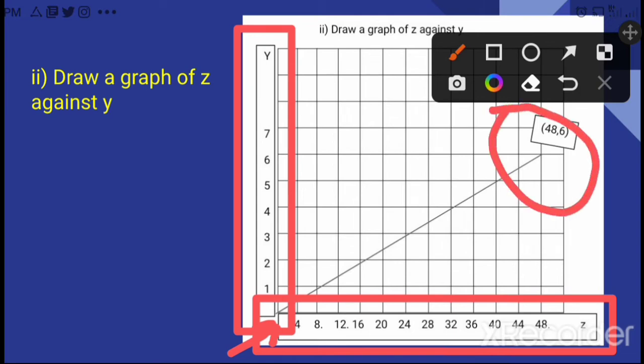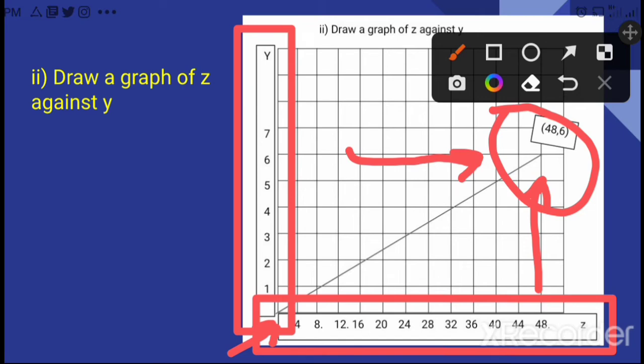Here 6 and 48, both values are cutting here, 6 on the y-axis and 48 on the z-axis. This is the cross point of both values. So we draw a line, and this is how this graph completes.